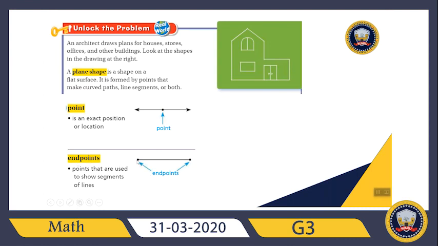Now you can see endpoints here on the row, which makes the line limited, and they show points that are used to show segments of a line. This is an endpoint.